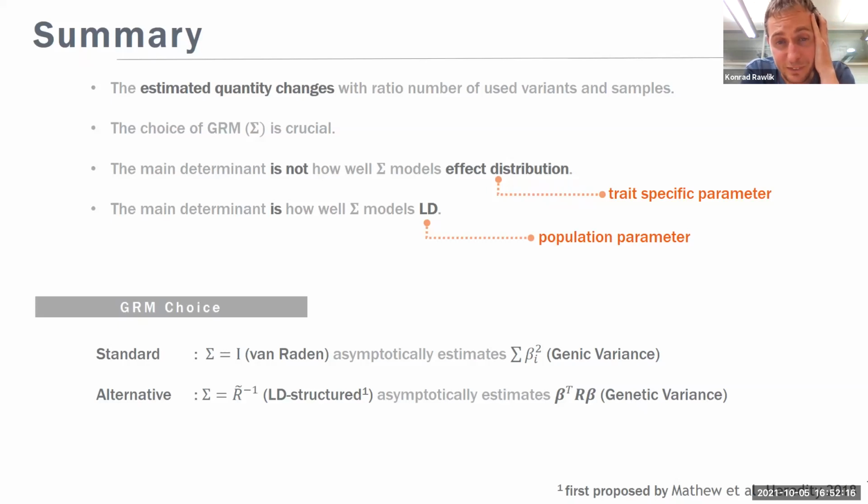The problem with that, obviously, is that it works fine if you have more individuals than markers, because your genotype matrix is full rank, and everything is good.